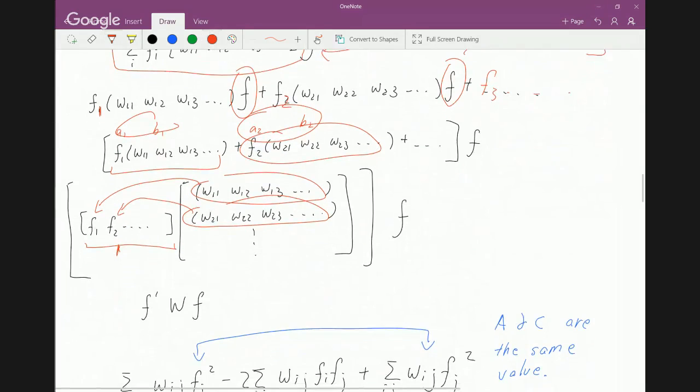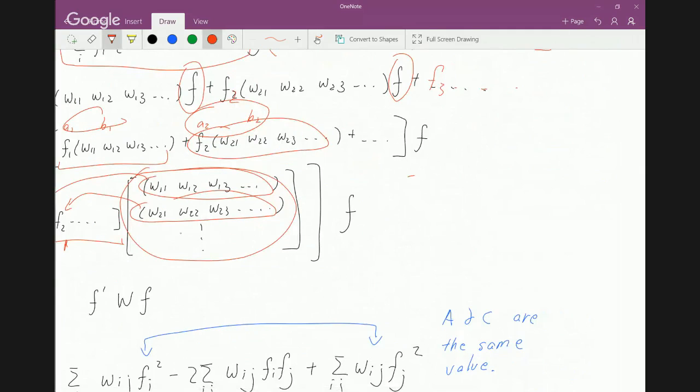Now, what is this thing here? Well, let me rewrite this nicely. W11, W12, W13, W21, W22, W23, W31, and this just keeps going.